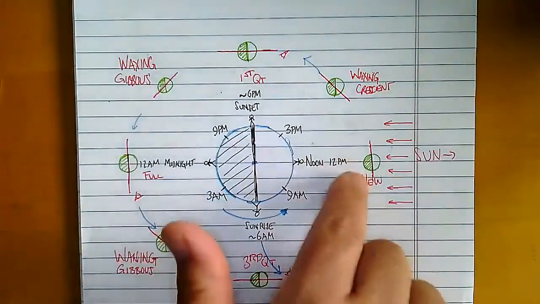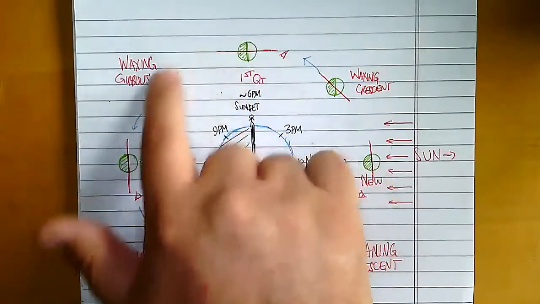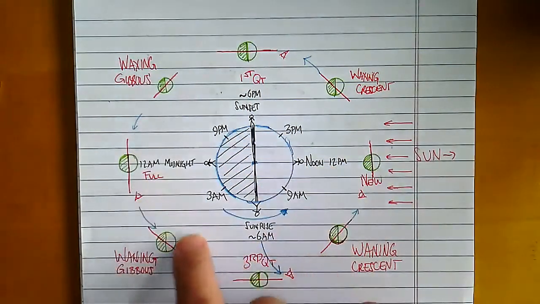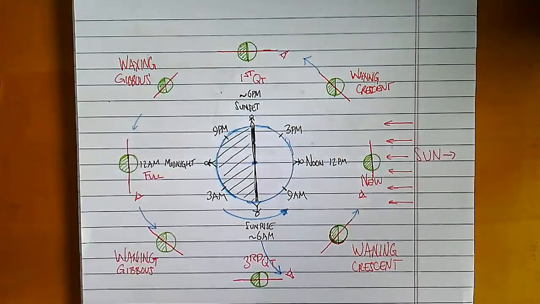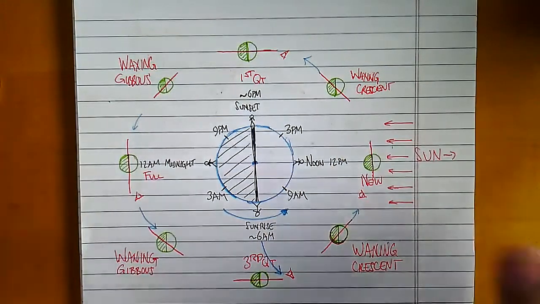And then, of course, everything in between is waxing crescent, waxing gibbous, waning gibbous, waning crescent. Okay, so that's what we were able to conclude, and from that we saw that the relative position of the Earth, the moon, and the sun is what causes the phases.